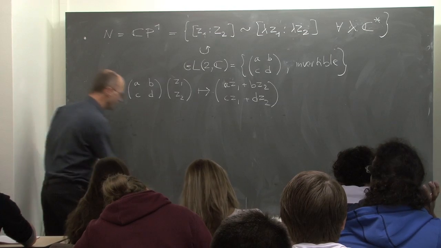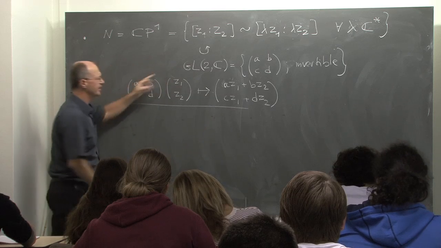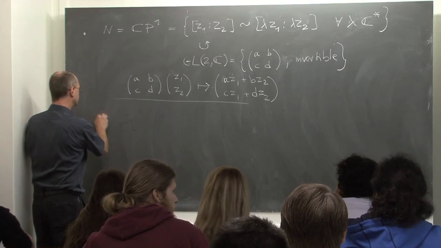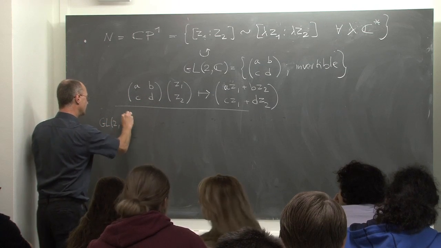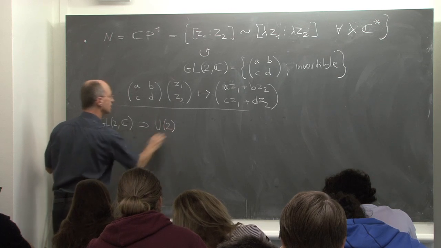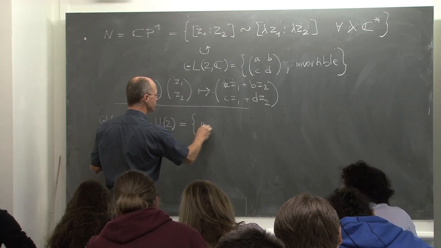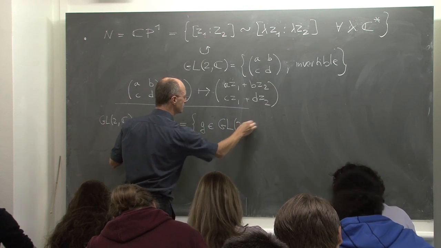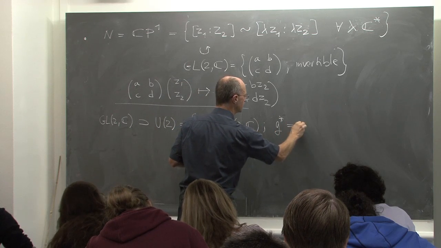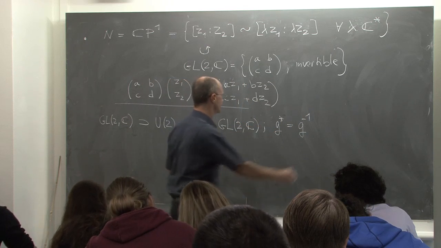Right? So let me do the following. By the way, I don't know, notation, is it fine for everybody? So let me recall that inside GL2C, we have a subgroup U2 of unitary 2x2 matrices. So let's say g in GL2C, and here g star is equal to g minus 1, where this is Hermitian conjugation, and this is just the inverse.